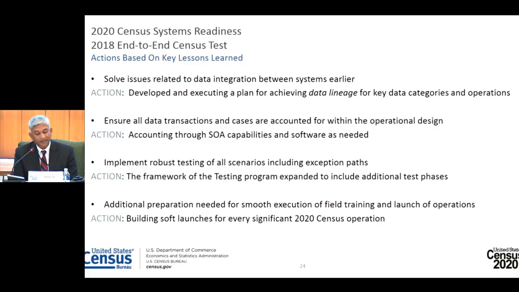We expanded the scope of the interface control working group to apply additional checks that focus on data lineage. And we also established a data lineage team consisting of data architects, testers, engineers, and subject matter experts.